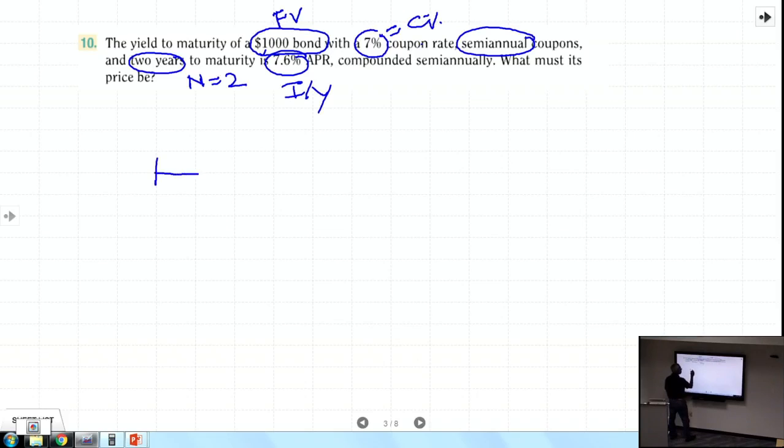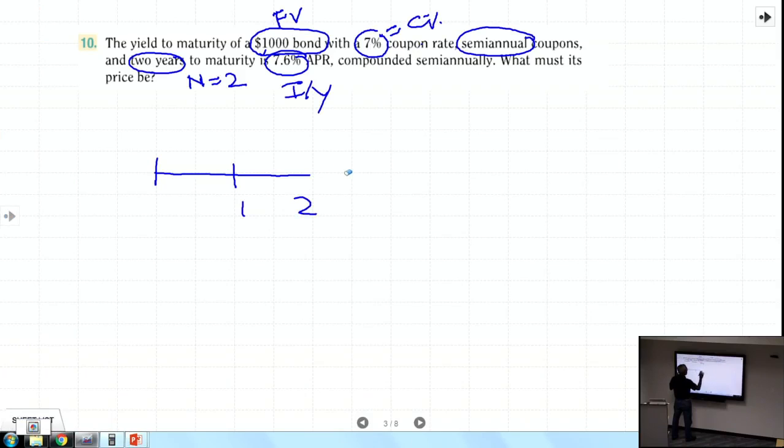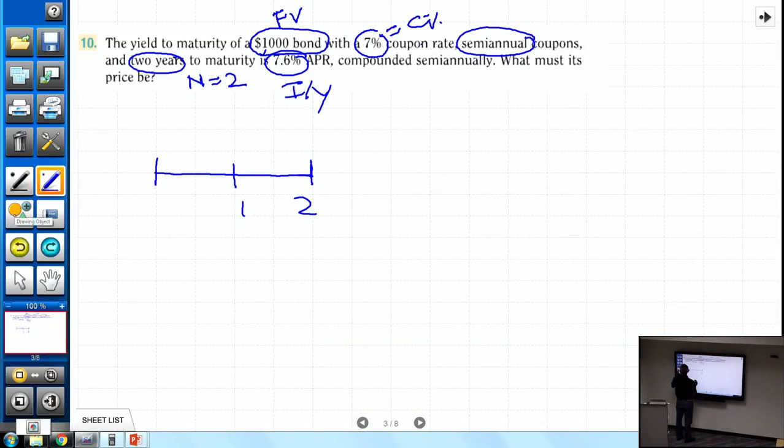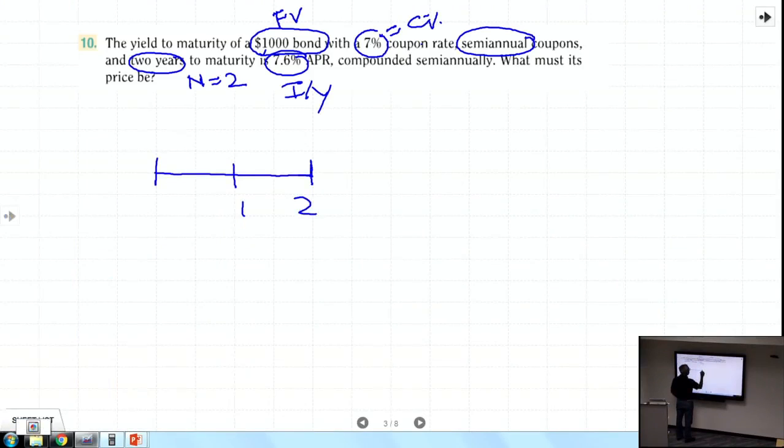So we have a $1,000 bond, 2 years to maturity. That means at maturity, this bond will pay $1,000.